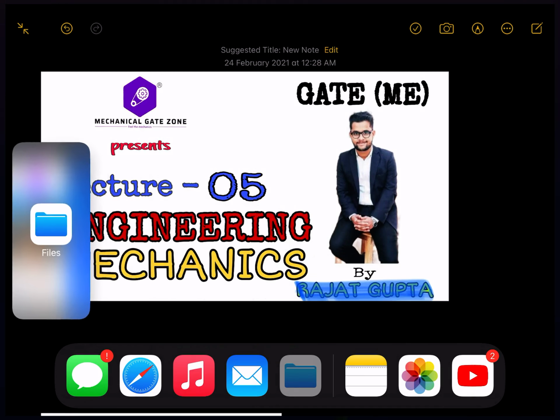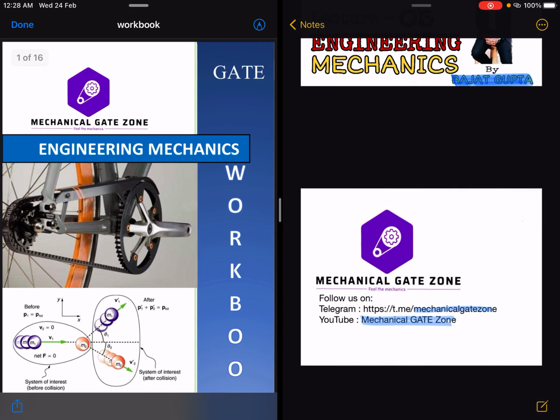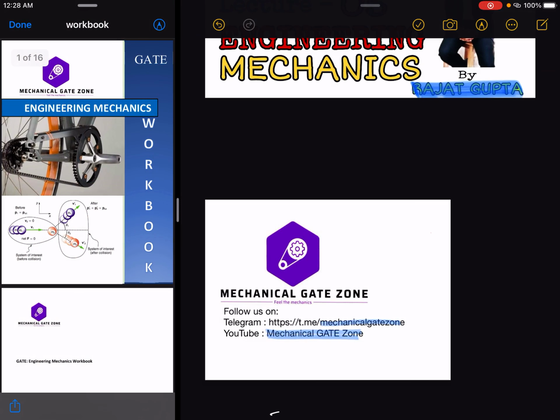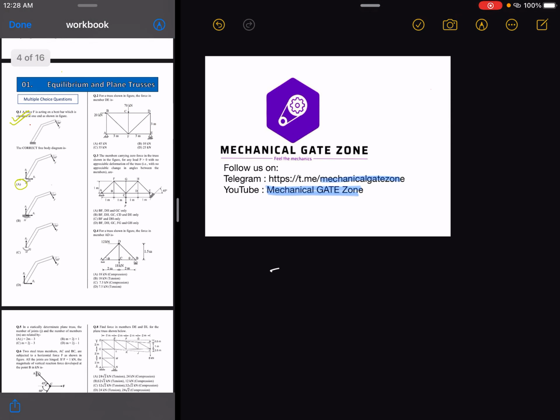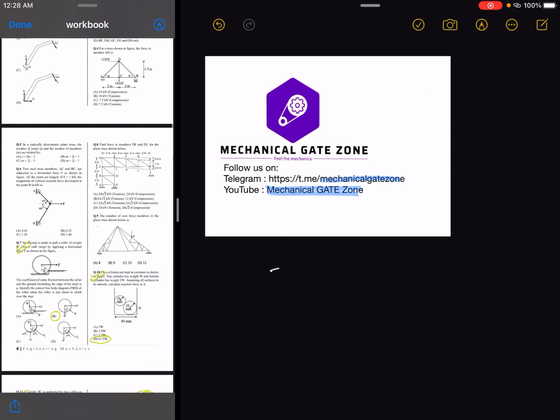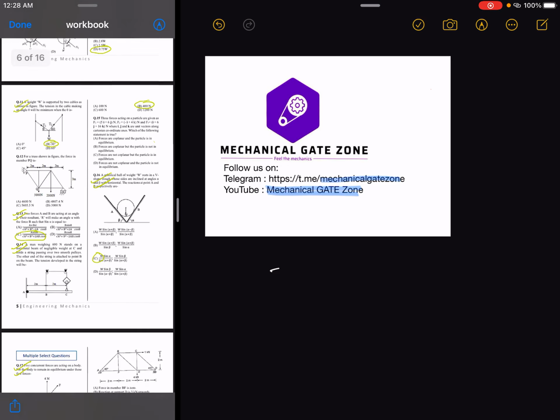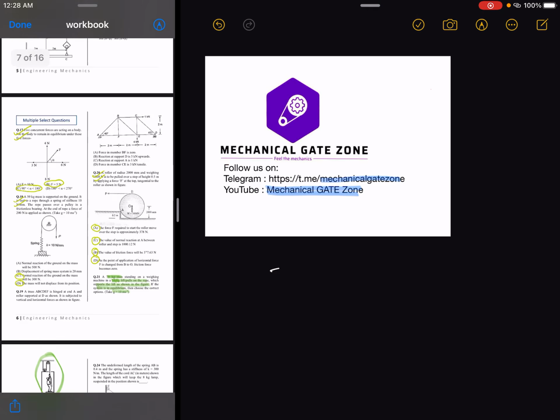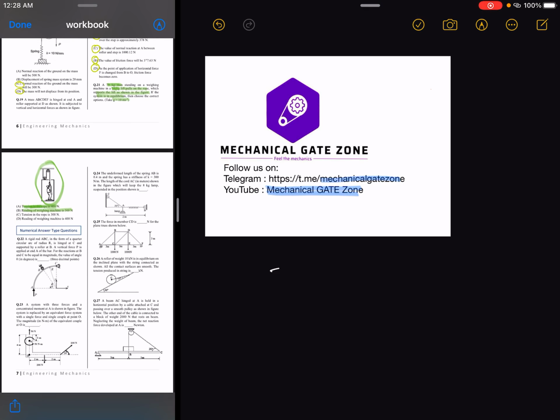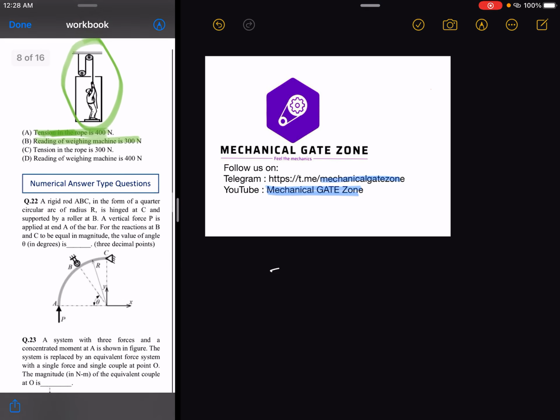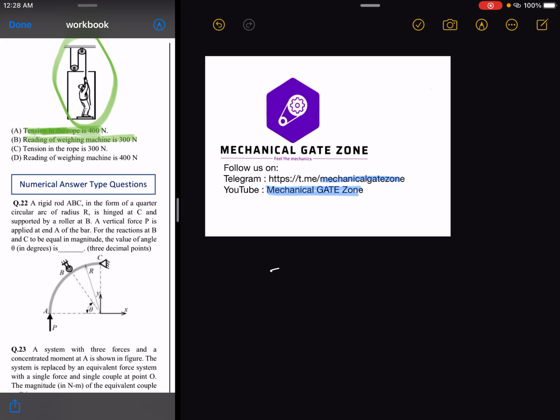Let us open the workbook on the left hand side of our screen, open chapter number one, and we are going to start question number 22, in which the students are facing difficulties and asking many doubts on my Telegram channel.